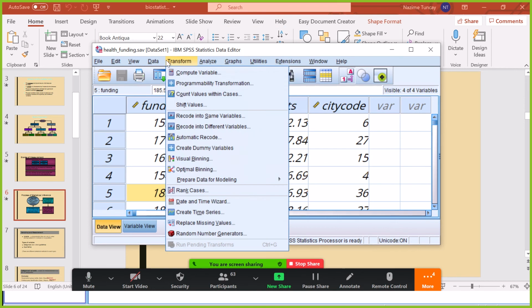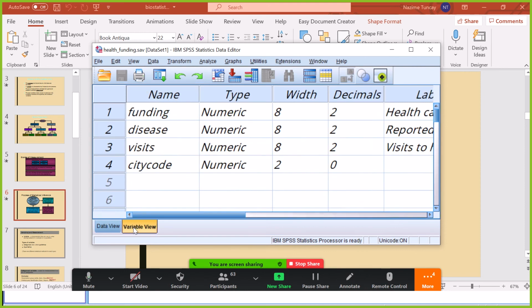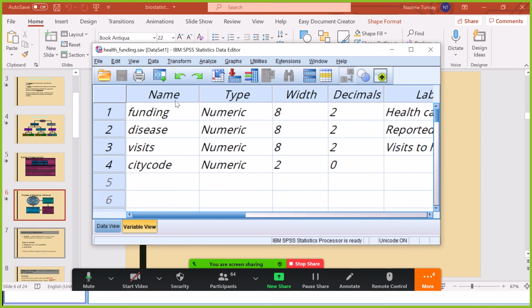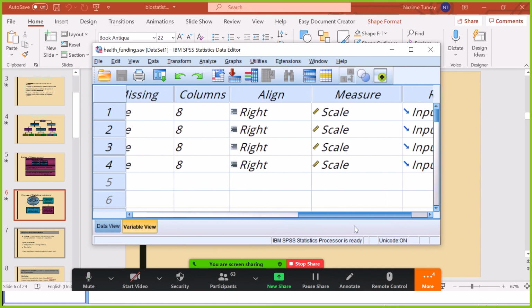Here, this is SPSS, okay? It has two views. This is variable view and this is data view, okay? You have to know that SPSS has variable view and data view. In the variable view, these are variable names, and here these are labels, okay?